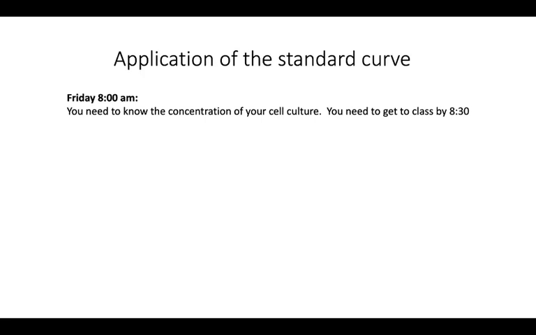Why is it useful to have a standard curve? Well, let's say you come in on a Friday morning, it's 8 o'clock, and you need to be in your class by 8:30, but you also need to read and determine the concentration of your cell culture that's been growing overnight. So you can turn on the spectrophotometer and set the wavelength to 600.